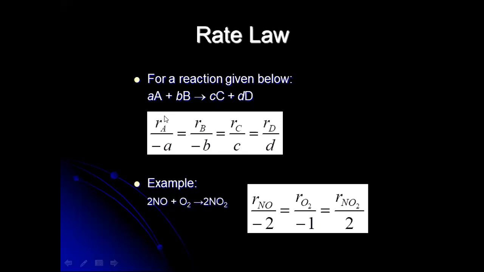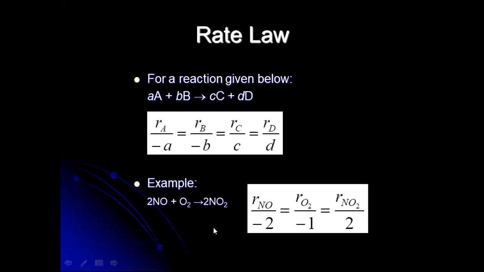So rate of reaction of A divided by A in the stoichiometric equation, B, and then you have C and you have D. I place here the negative because I did not place the negative rates of representation for A and B. It should be negative here in the first place because these two are disappearing, they are reactants. So this should be negative R sub A over A, negative R sub B over B, which are all equal to R sub C over C and R sub D over D.